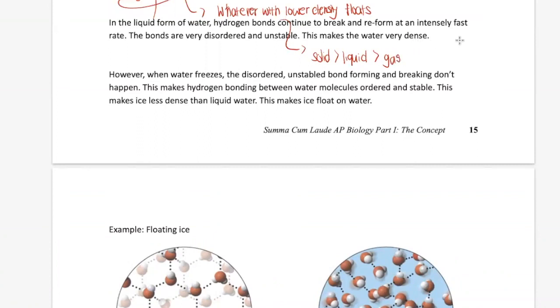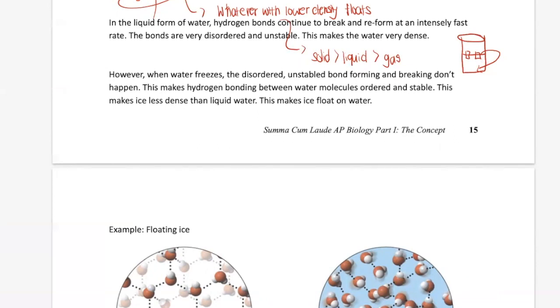But you'll recognize that the frozen form of water, ice, floats on water, which is counterintuitive, right? Because whatever has lower density floats, and it's the general understanding that solid is the most dense. So technically, the ice would have to sink in liquid water, right? So why does the solid form of water, ice, float?